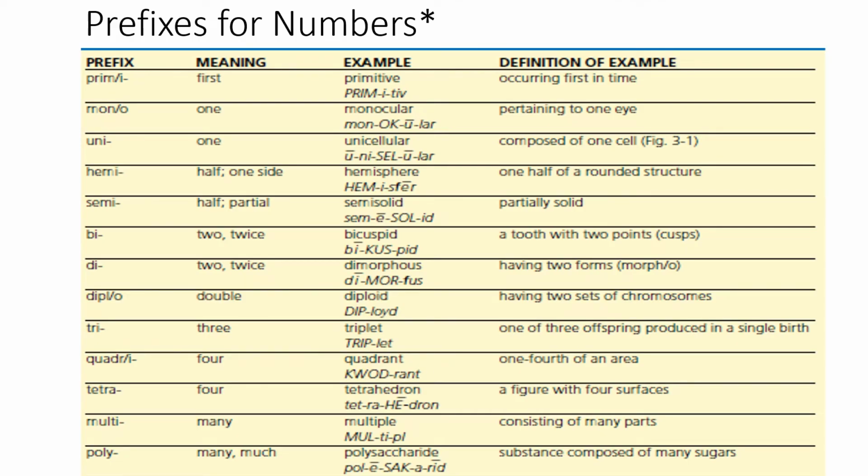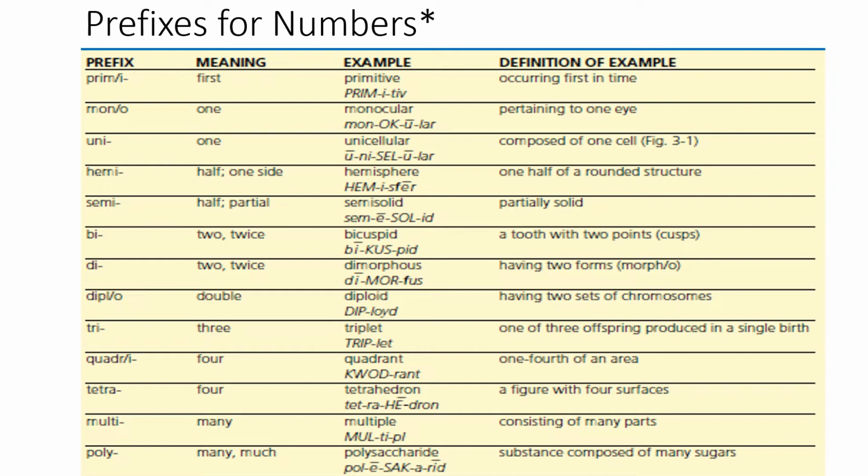Here are the prefixes for numbers. We have prim or primi, which means first. Primitive is the example, with its definition being occurring first in time. So we use prim or primi when referring to the order of time. Then we have mono.